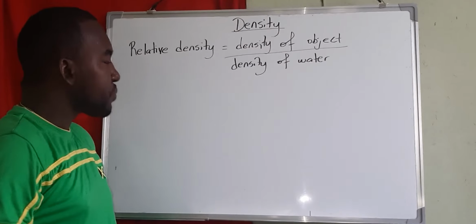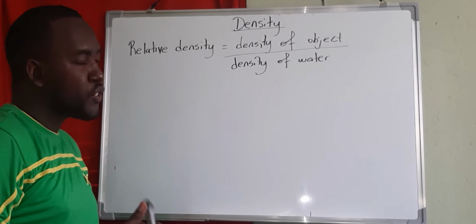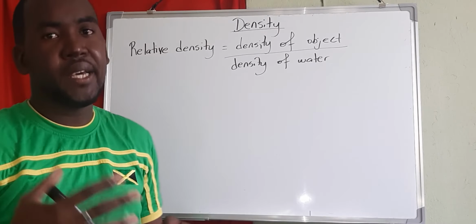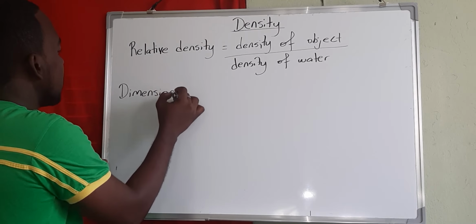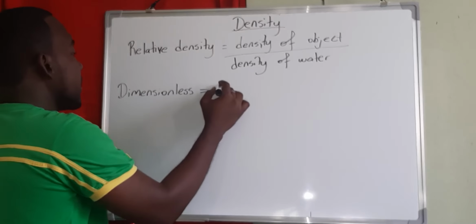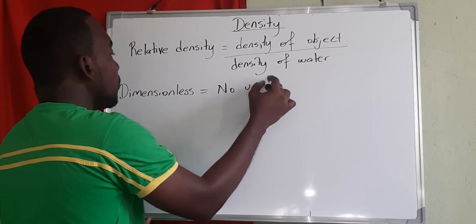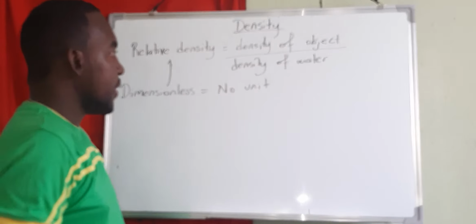In this case, it's the first quantity in physics that you encounter that is dimensionless. The reason it's dimensionless is because it has no unit.